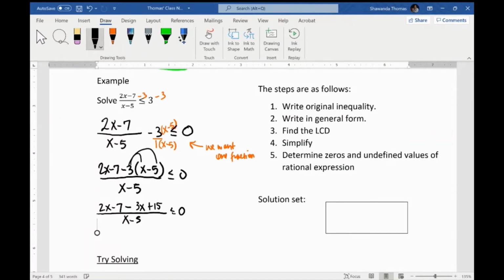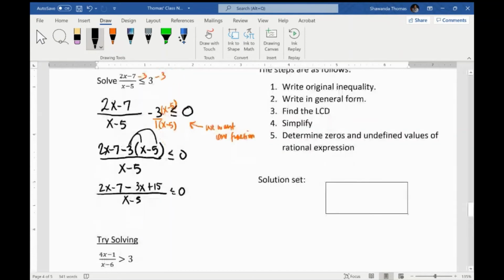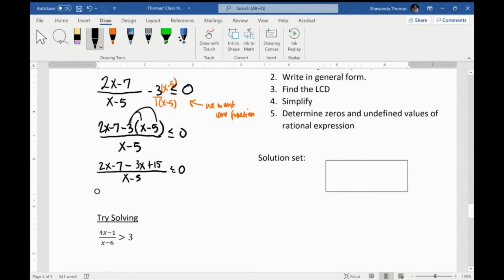What do we need to do in the numerator now? Combine like terms.